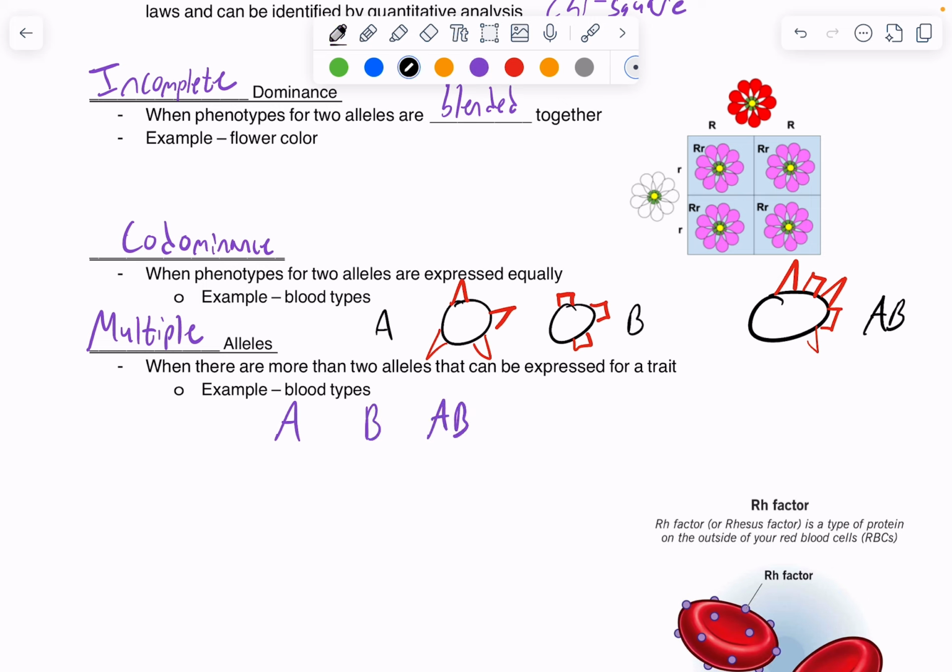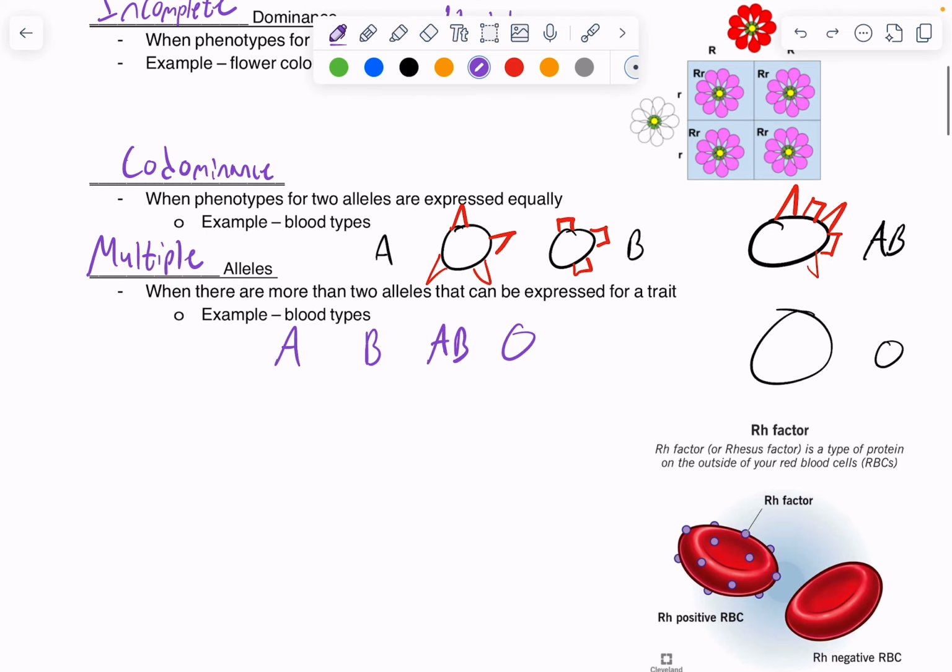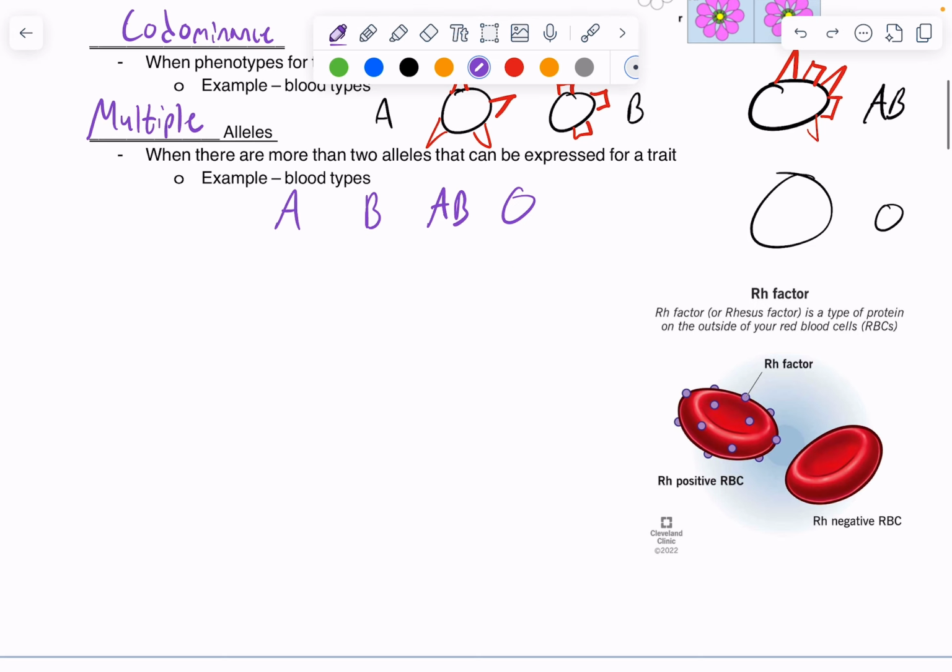The fourth blood type is type O, when you have nothing on the outside. There are no receptors, it's just empty over here. This helps determine what blood type people have, based on what receptors are found on the outside of their red blood cells.